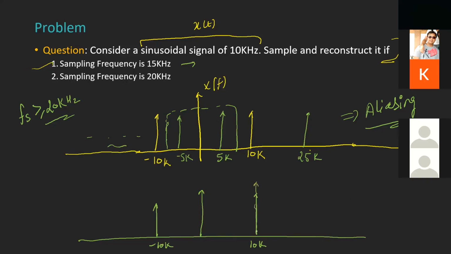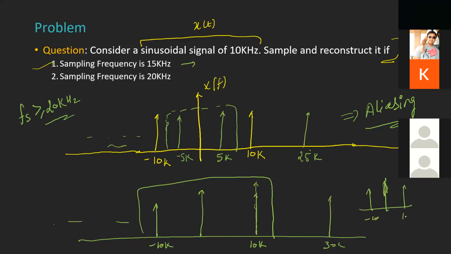So next will be here, next will be at 30K, and so on. To recover it, I'll just put a low pass filter here and I'll get back my 10 kilohertz sinusoid. So this is a perfectly correct case, while the first one is aliasing. I hope this is clear.